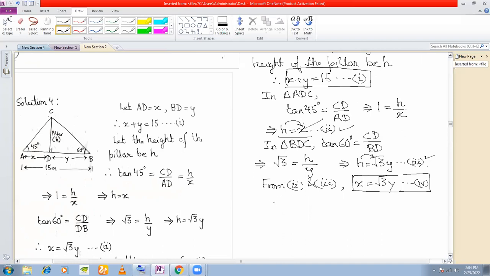What you do here is, if you want to use the elimination method, from 4, x is equal to root 3y.